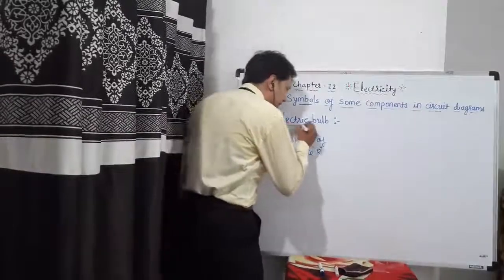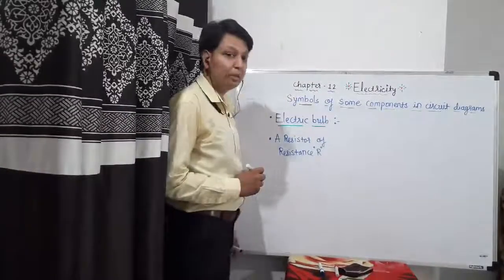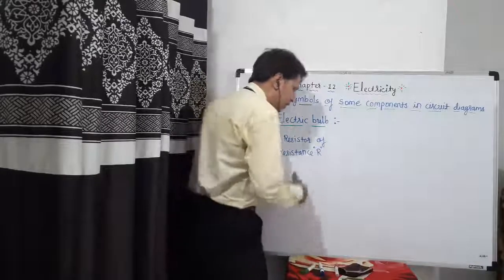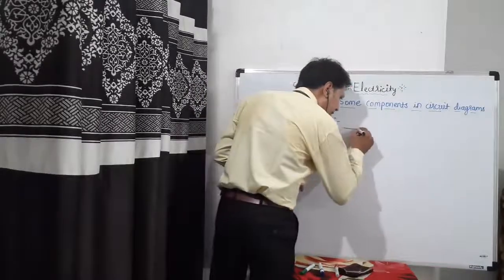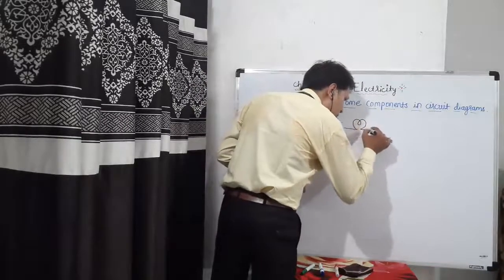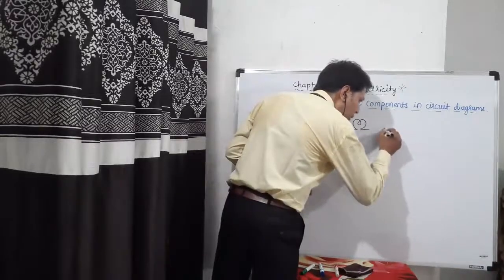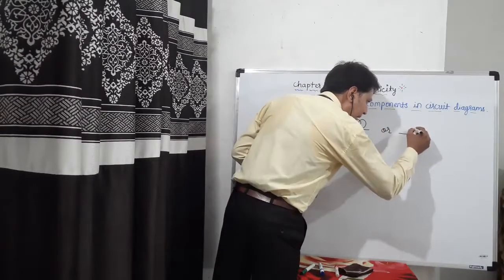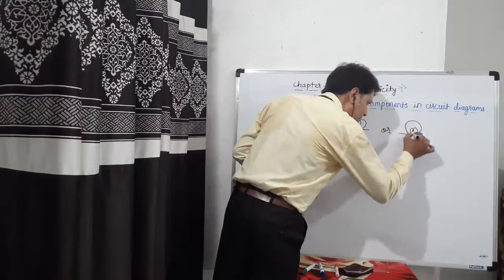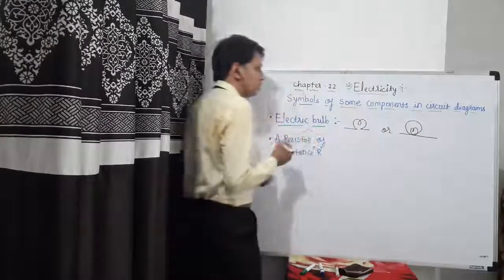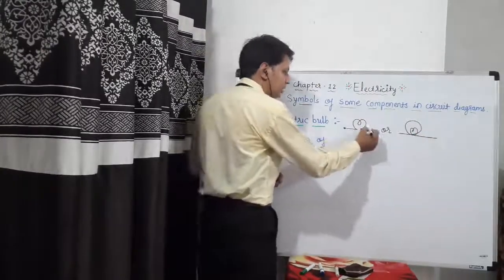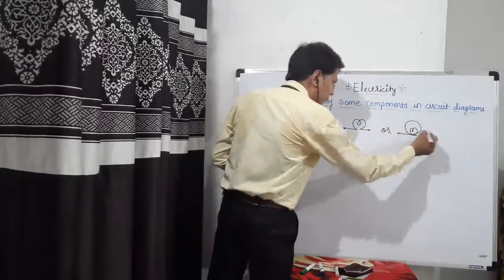Next circuit diagram symbol is the electric bulb. The electric bulb symbol can be represented like this, or it can also be represented like this. This is the symbol of an electric bulb. These are the two ends of the electric bulb.